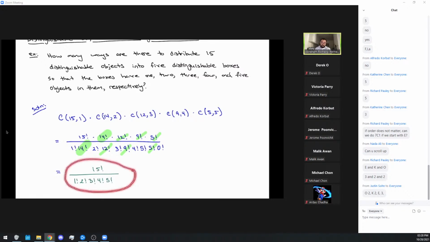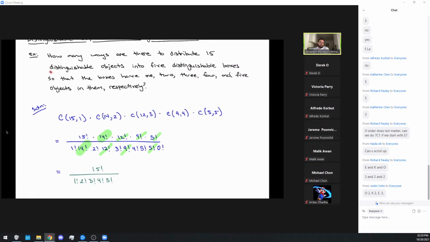But this is the same thing as the one with the letters. Since all of these are distinguishable and we have distinguishable boxes, I could have just said 15 factorial divided by the number that each box contained. So the first one contained 1, the second 2, 3, 4, and 5. Another way you could think about this is you have 15 letters, and some of them are repeats.